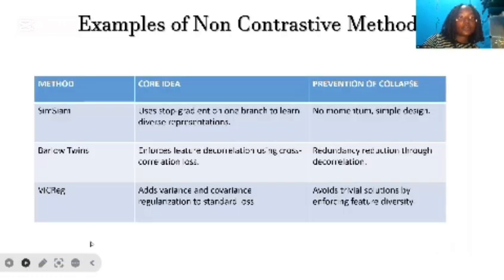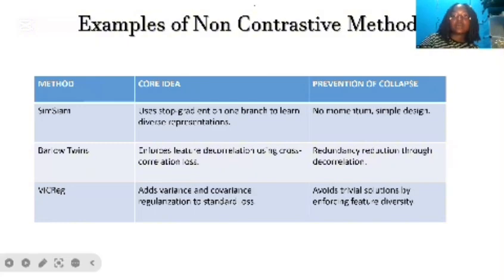Now we're going to the examples of non-contrastive methods. Here we represented our data in tabular form. We have SimSiam. It uses a stop gradient on one branch to learn diverse representations, and it prevents collapse by no momentum and simple design.